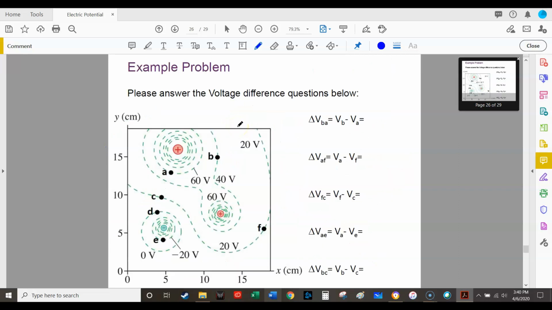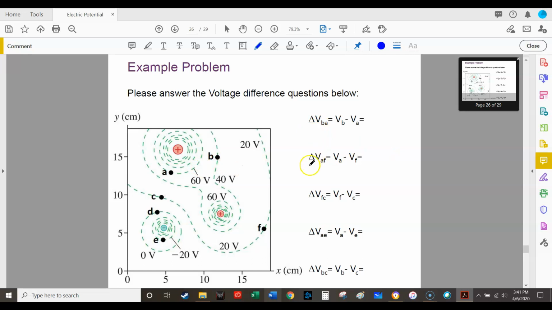All right. So here's a task. What I want you to do is go ahead and interpret the delta voltages, on this old map that we did earlier, the voltage differences at A, B, A, C, D, E, and F. And you're going to have to interpret the voltages of the equipotential lines.